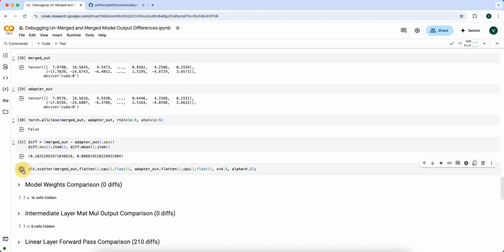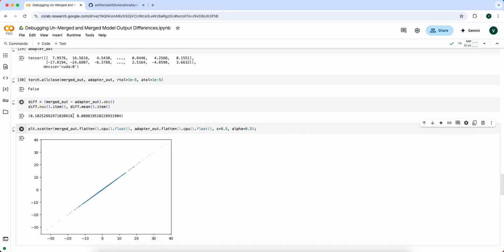And then run this, and now I use the smaller tensor as input, so I don't have to index a subset. I can look at the entire tensor. And visually, it's hard to tell that there's a lot of variance between the two, right? This could very well just be the fact that there's a lot of values that are close together.